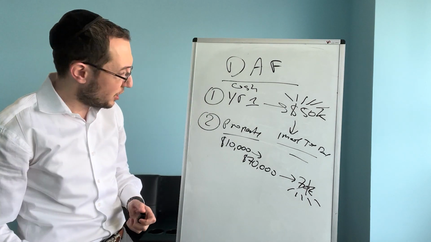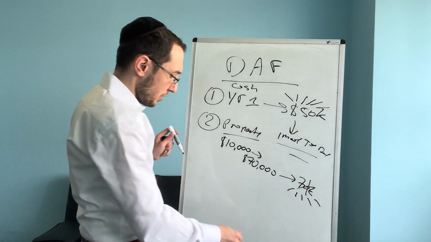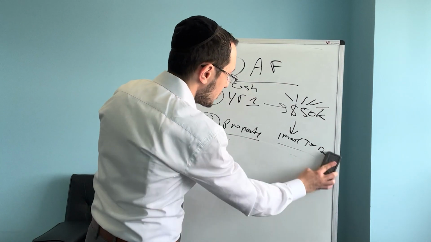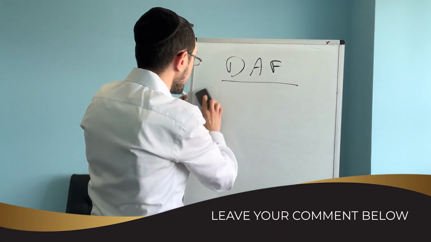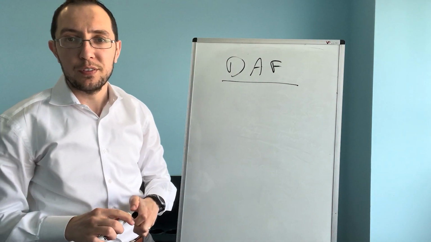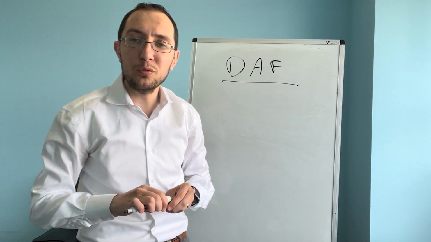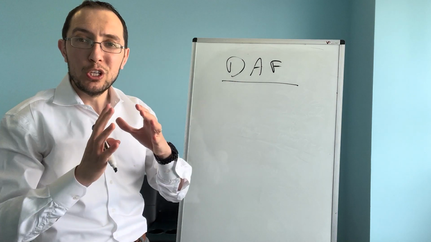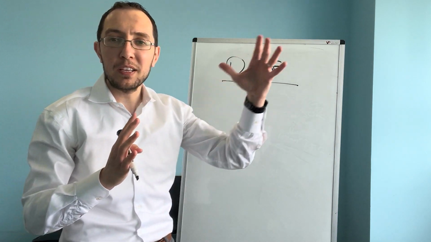And another strategy that you can use this on, I'm just going to erase this over here. Let's say, for example, you donate $5,000 every year, but $5,000 of donations is not enough for you to itemize on your tax return.